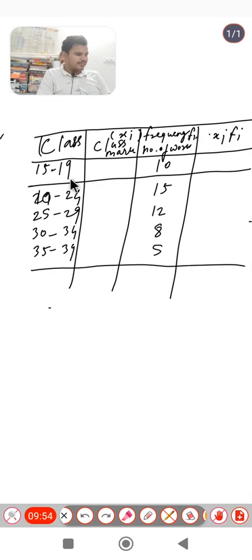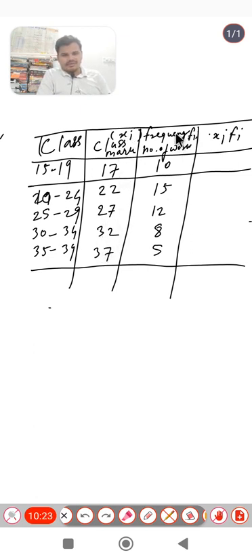For example, 15 plus 19 is 34, and half of 34 is 17. Again, 20 plus 24 is 44, that is 22. Then there is a difference of 5, so 22 plus 5 is 27. Then 32 and 37. In this way we calculate the class mark xi.